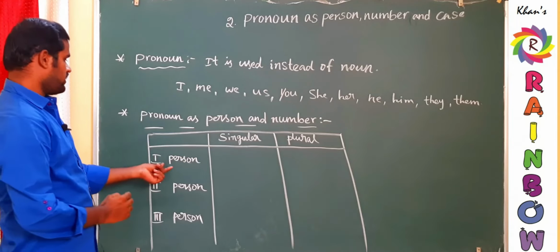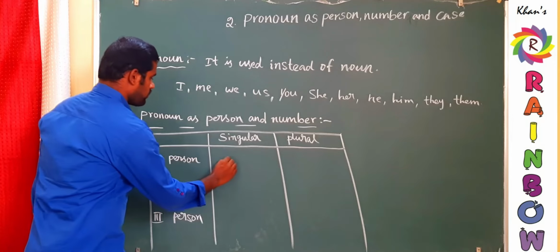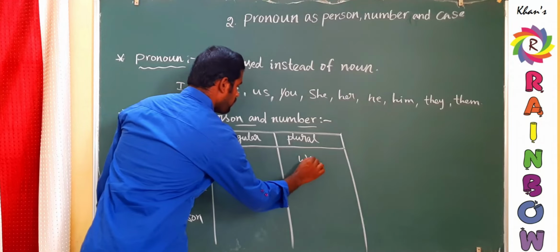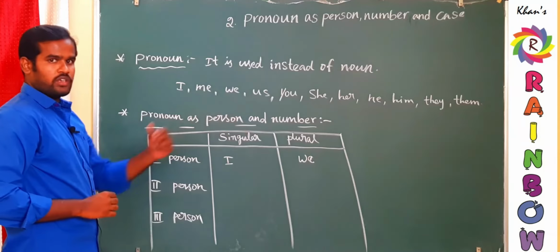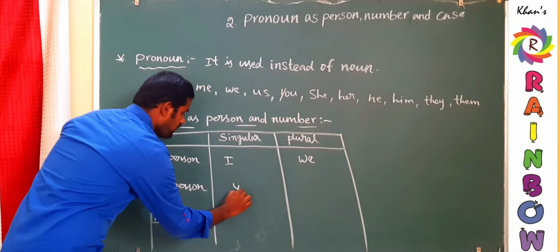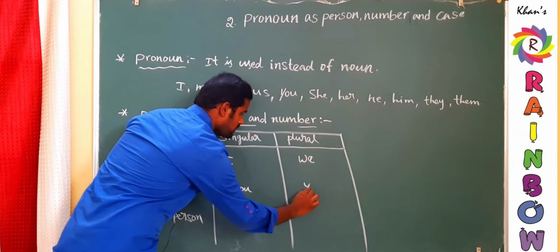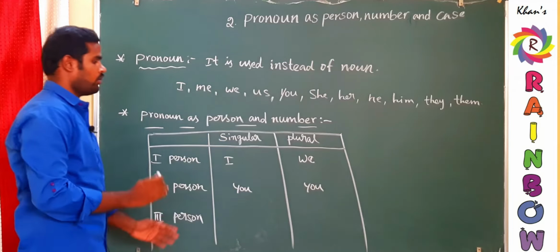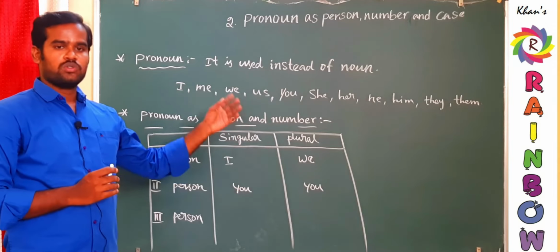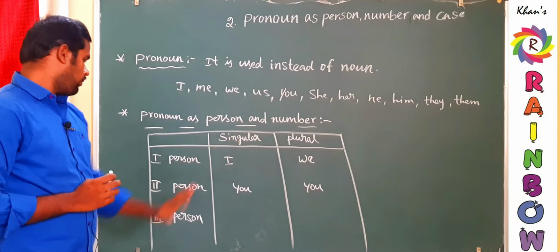and number. First person singular pronoun is I, and first person plural pronoun is we. And then second person singular pronoun is you, and plural pronoun is also you. Here there is no chance of division based on number, because you is used as singular as well as plural also.